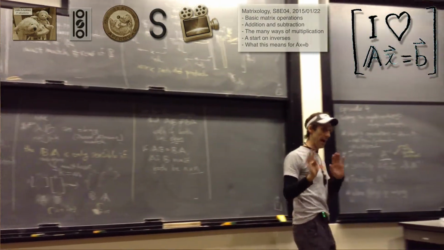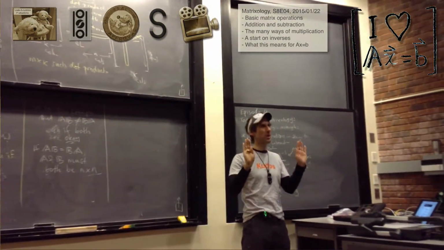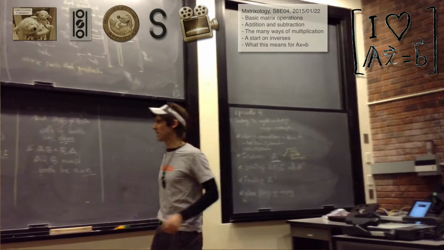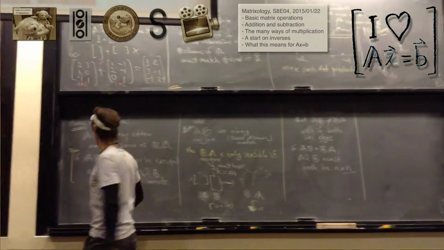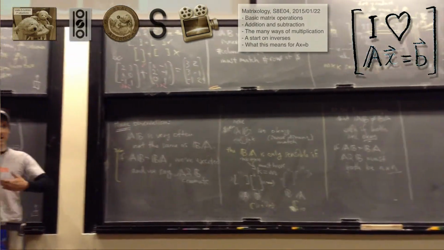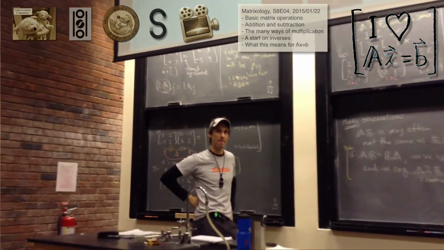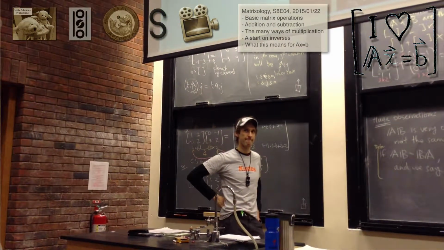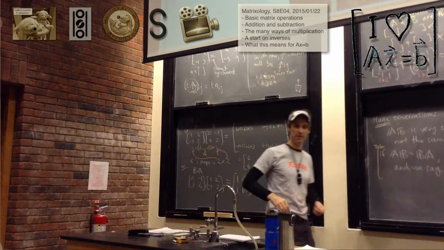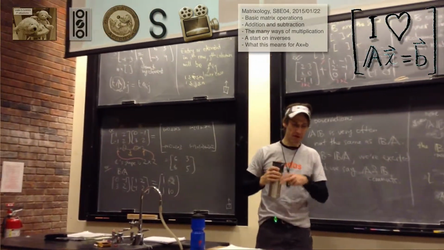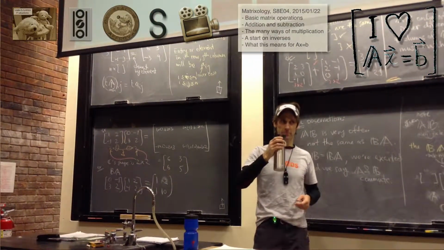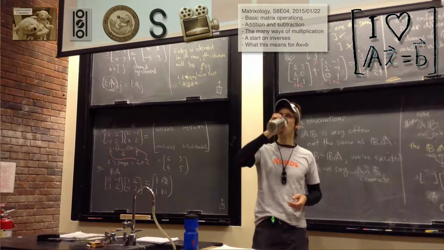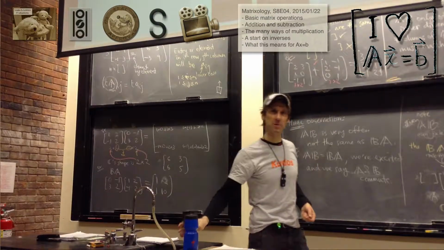So you can only add matrices of the same exact shape together, but when you're multiplying them together, they have to match up only along those inner dimensions. Should we move on? Questions? No? We're all right.